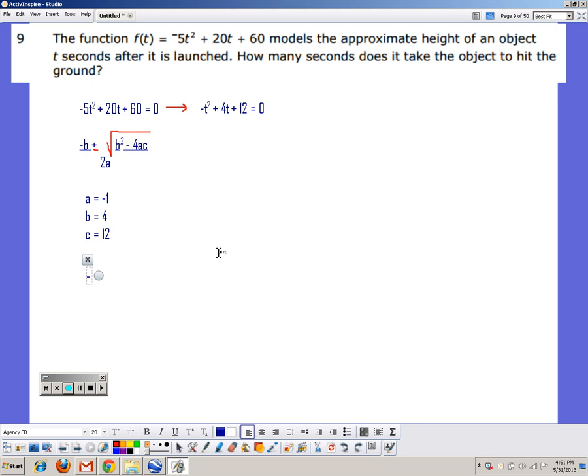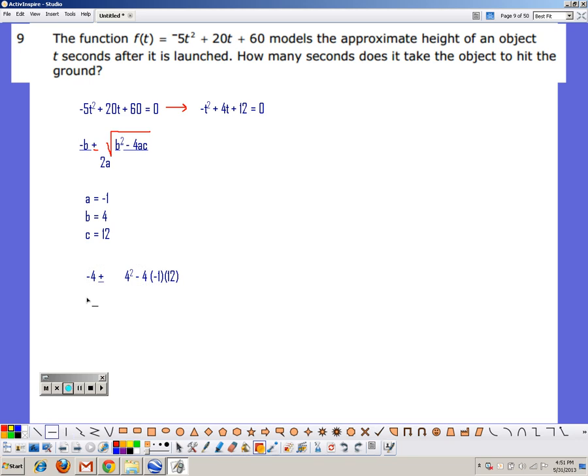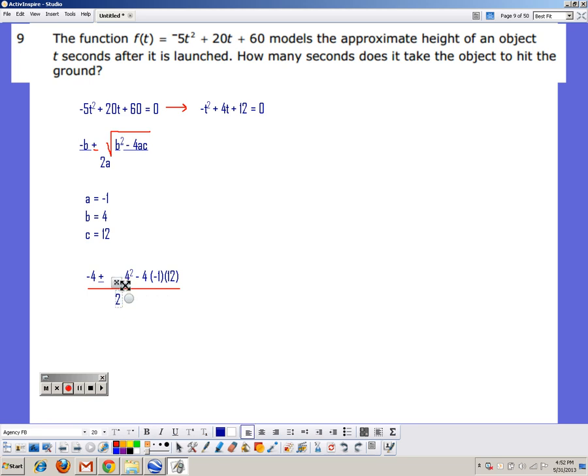So negative b becomes negative 4 plus or minus the square root of 4 squared minus 4 times a negative 1 times 12, and the whole thing will be over 2 times a, so that'll be 2 times a negative 1.